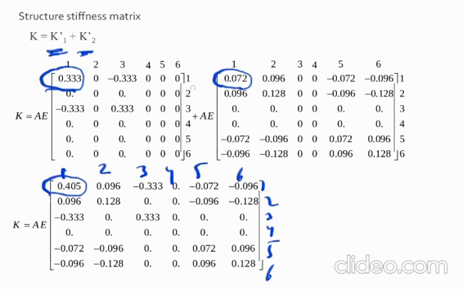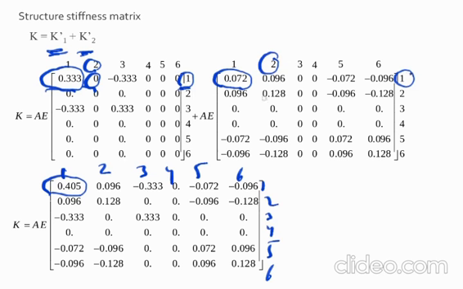Now I can take, for example, number 2 with 1. I have 0 here; this is number 2, and this is number 1. I search for the same global numbers: this is global 2, and this is global number 1.